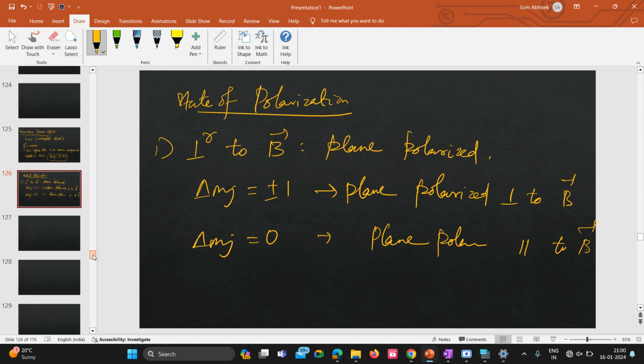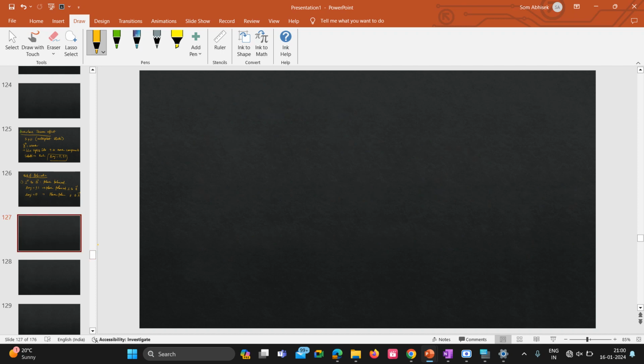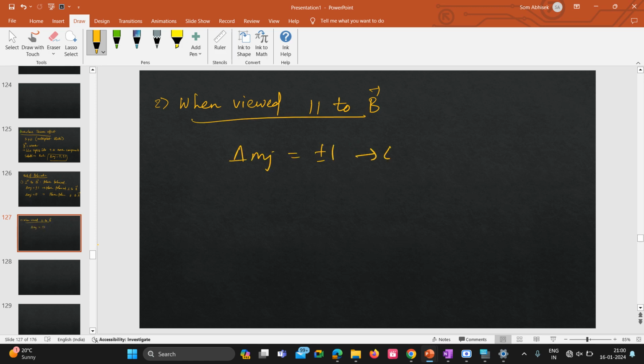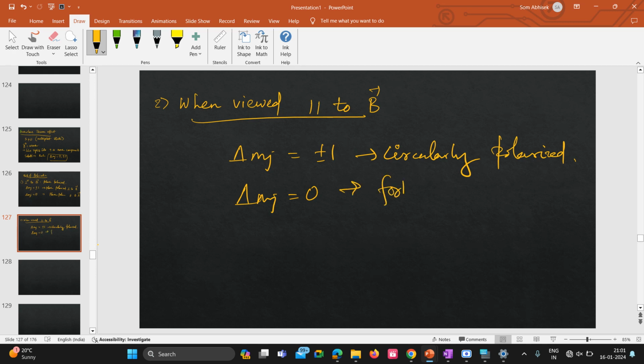Now when viewed parallel to B, del mj is equal to plus or minus 1, that is circularly polarized. And del mj is equal to 0, that is forbidden.